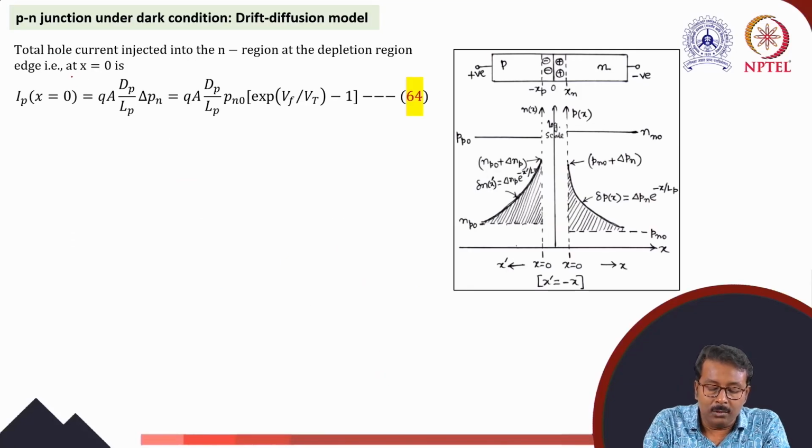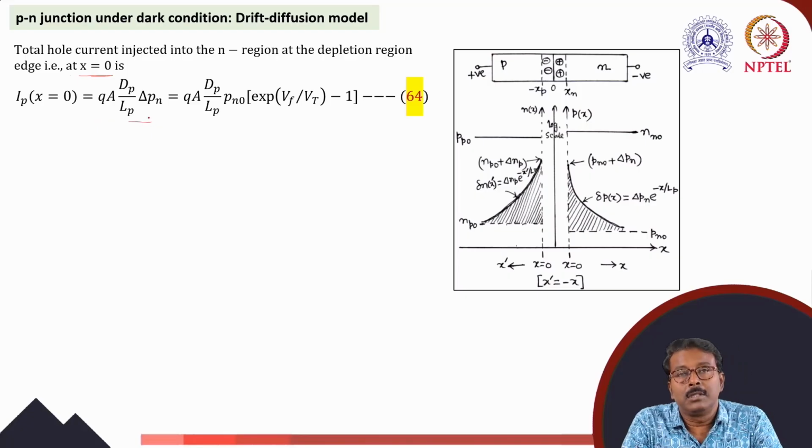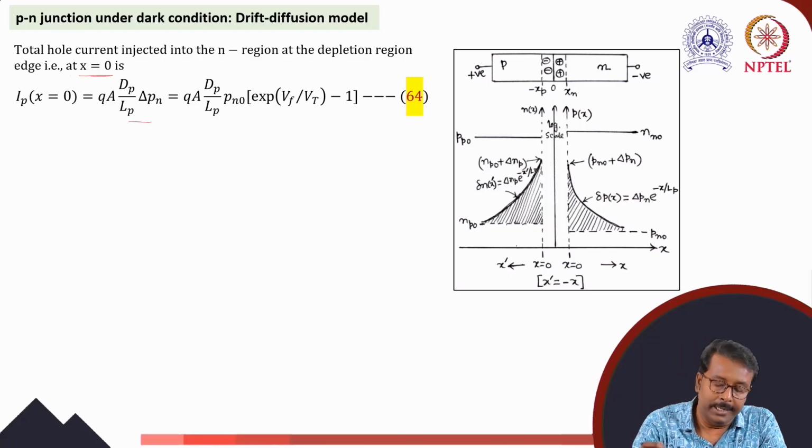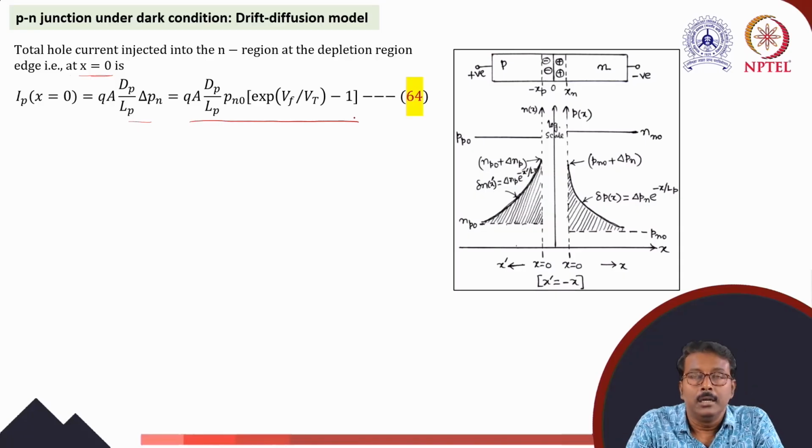So at x is equal to 0, if you calculate the current IP, this will be due to hole, because diffusion current at x is equal to 0 is taken at the maximum slope, maximum change in the gradient here. This will be the expression for the diffusion current component due to hole.